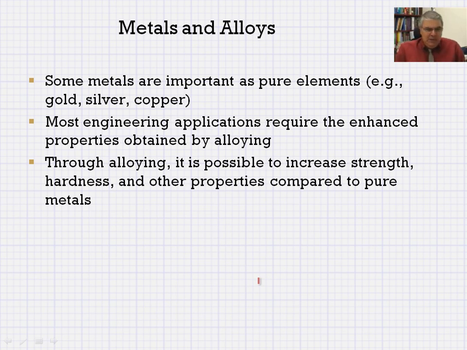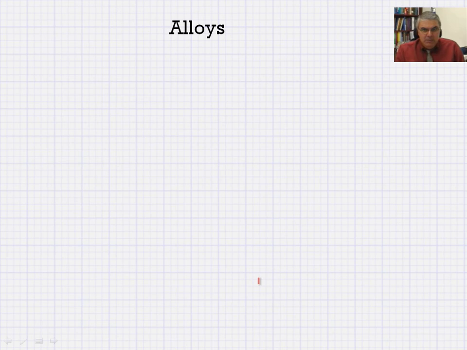Well, we are going to get into that shortly. Through alloying, we can achieve some of the properties that are desirable, including increased strength, hardness, and other properties compared to pure metals.